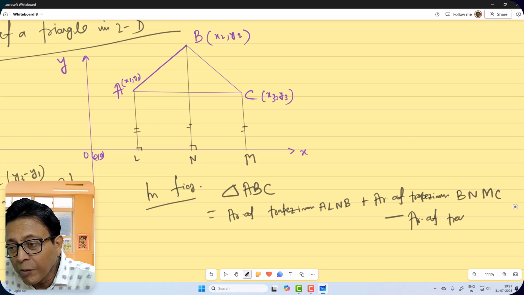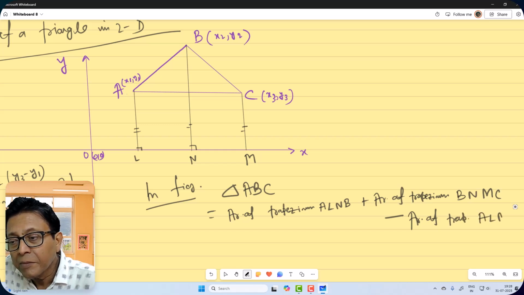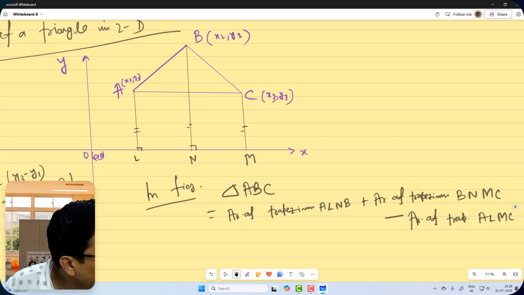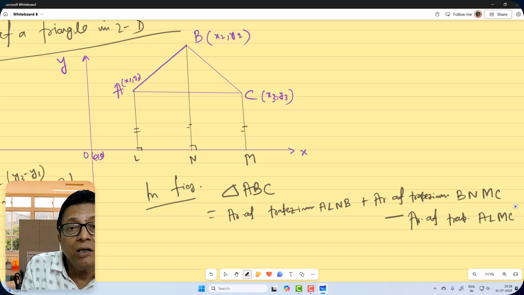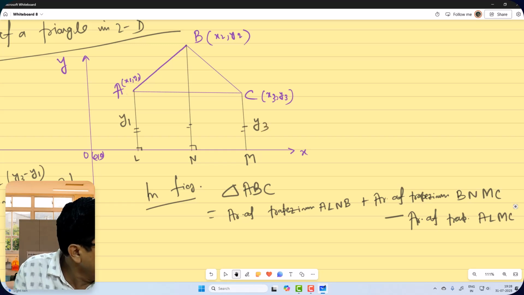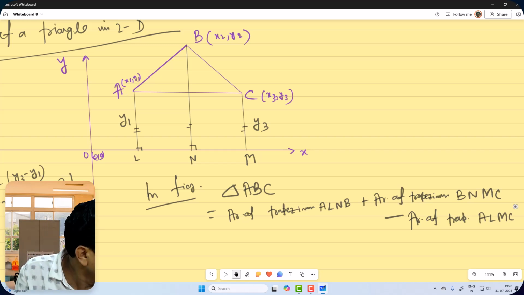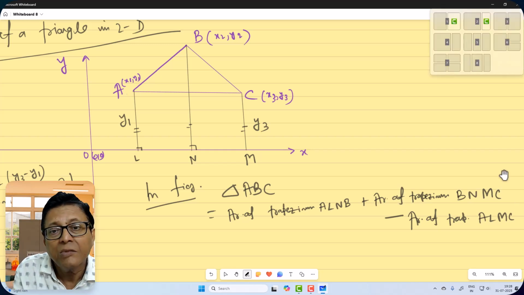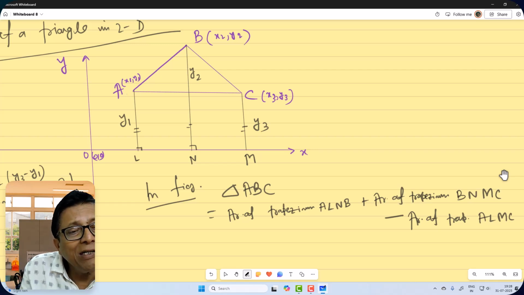Am I clear? We have to find, no, this is not a rectangle. Who told you that? y1 equal to y3? This part is y1. This is y3. They are not on the same horizontal line. It is not parallel to the x-axis. There may be a special case, but here it is not. And this one is y2. BN is y2, isn't it? Which part is x1?